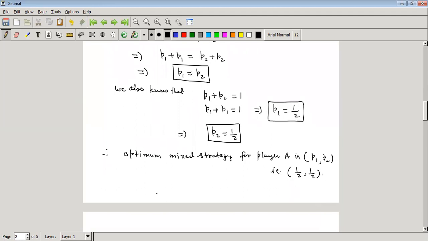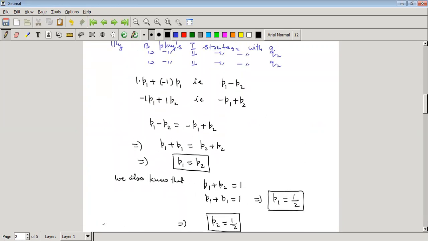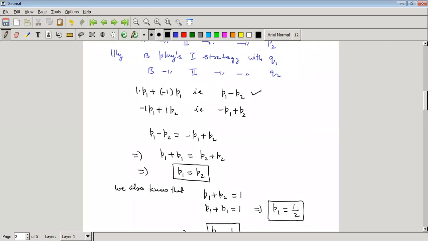And if we want to calculate A's expected profit, we put the values of P1 and P2 in any one of the equations, either here or here.